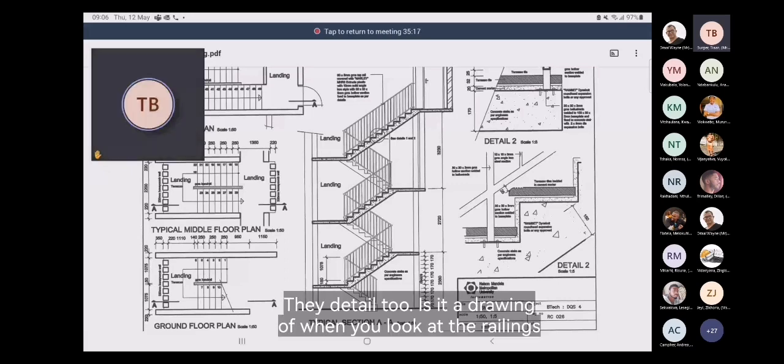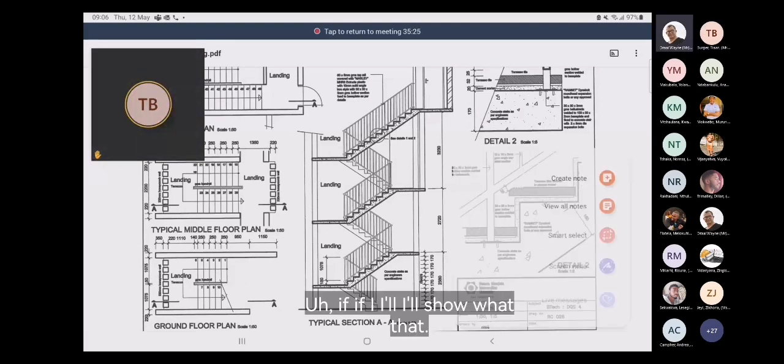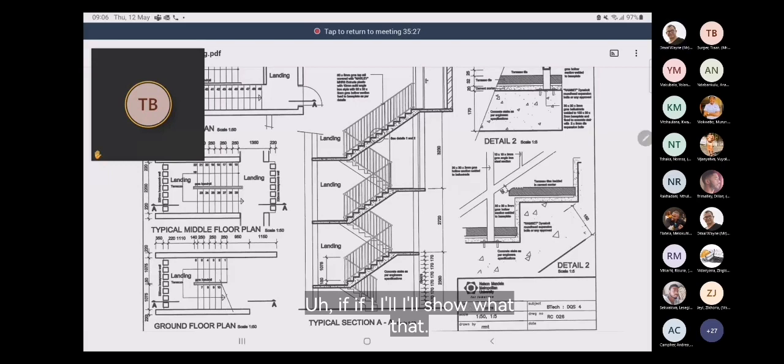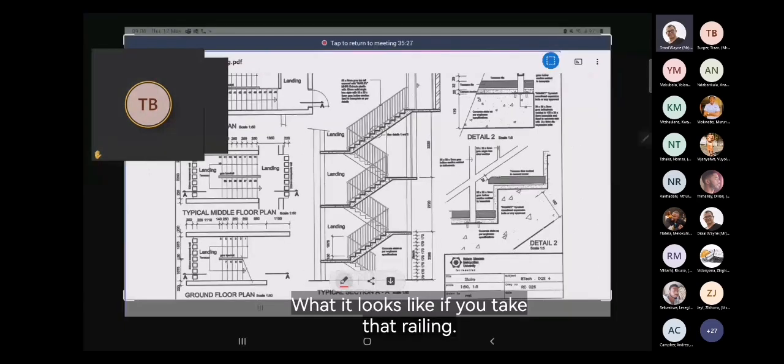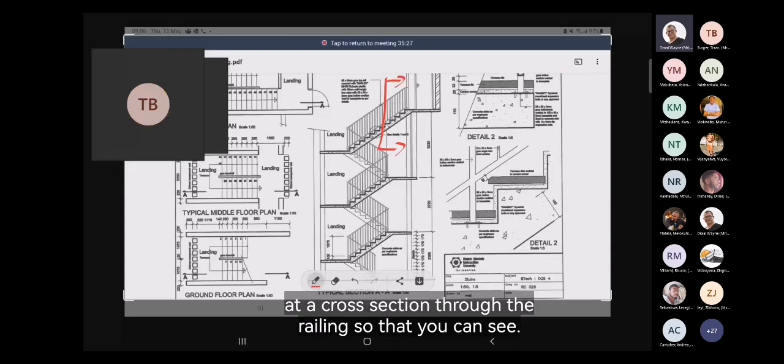That detail too, is it a drawing of when you look at the railings from the front? I'll show what that looks like. If you take that railing and cut through like that, yes, it's looking at a cross section through the railing so that you can see.